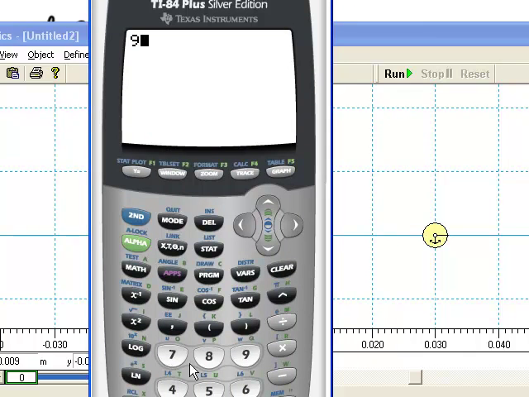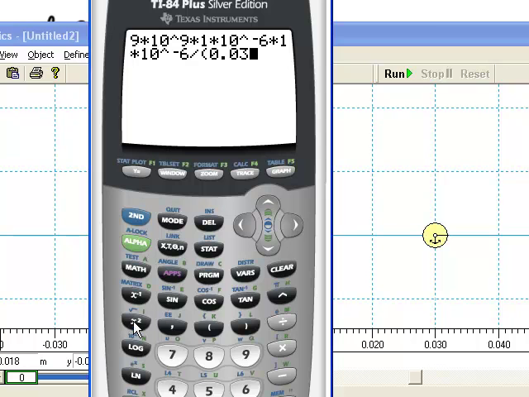Okay, so 9 times 10 to the 9th, times 1 times 10 to the negative 6 times 1 times 10 to the negative 6 divide by, and this one I would put in parentheses, 0.03.